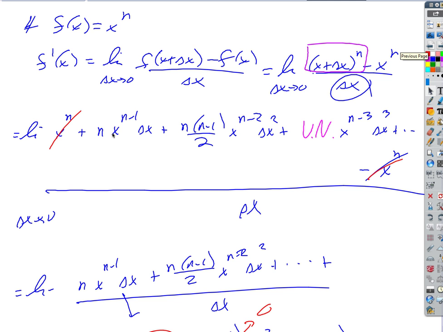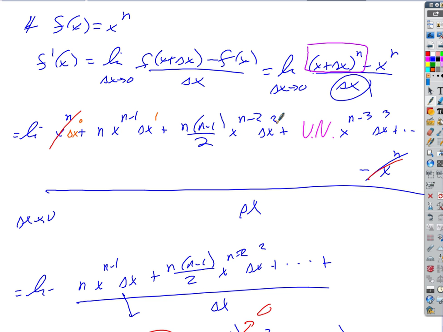So the sum of the two exponents is always going to be n, right? n plus 0, n minus 1 plus 1, n minus 2 plus 2, etc.